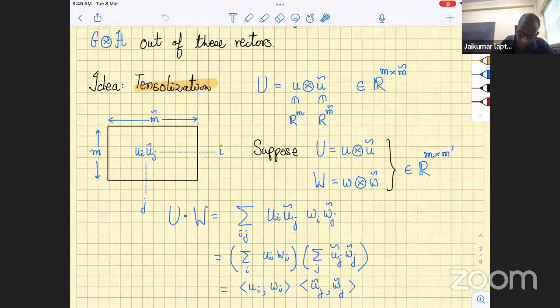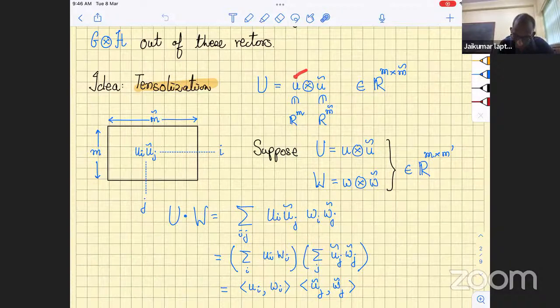And one way to visualize it, I said something orally, but maybe this is easier for you to see. So the vector will consist of m times m tilde components, but let us arrange them as a matrix. Okay. So for a position i in the range 1 to m and a position j in the range 1 to m tilde, we write u_i times u tilde_j.